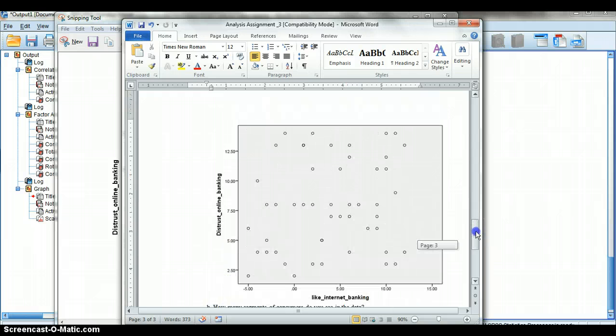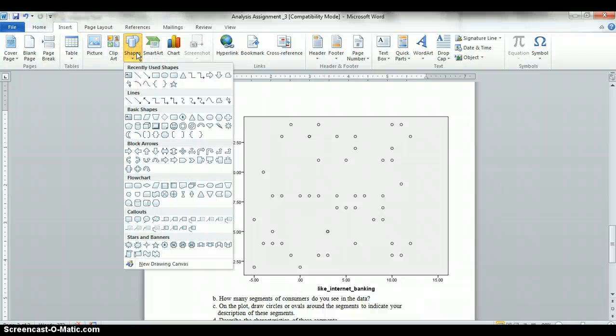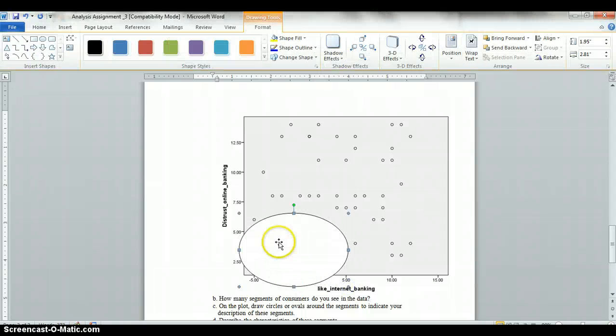This is totally up to interpretation, but you try to group them together, see which ones are grouping together. Let me start drawing on here. I'm going to go to shapes, oval. Once again, it's totally up to your interpretation, but it'll be more obvious on your assignment.